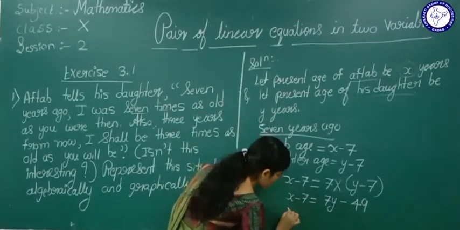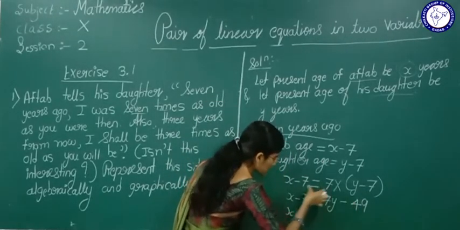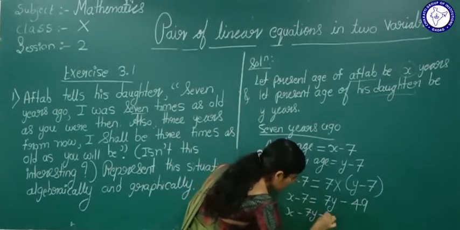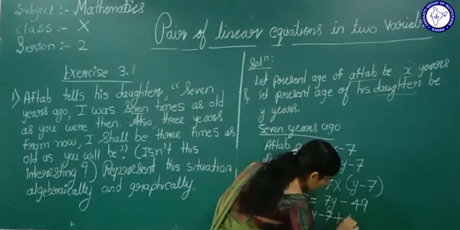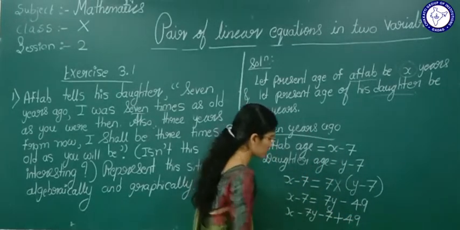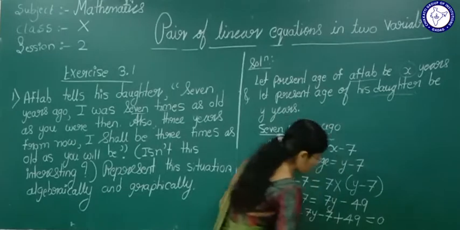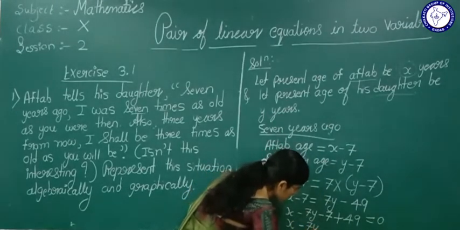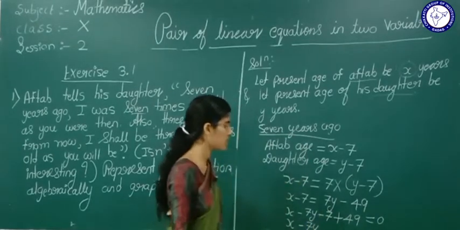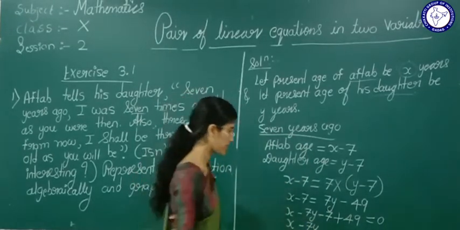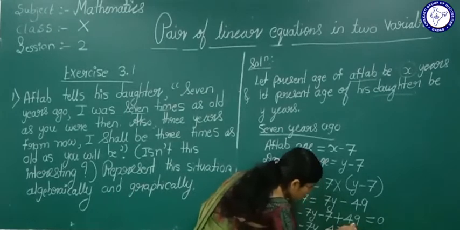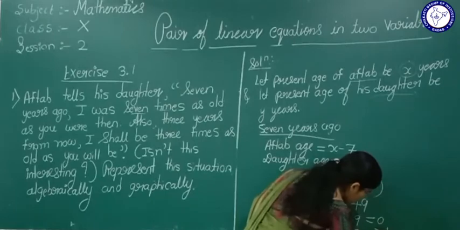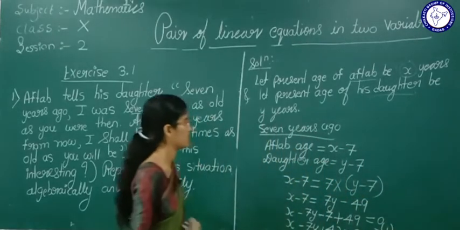Now take the right hand side to the left hand side. It will become x minus 7y minus 7 plus 49 is equal to 0. So x minus 7y plus 42 is equal to 0. We will call this equation number 1.